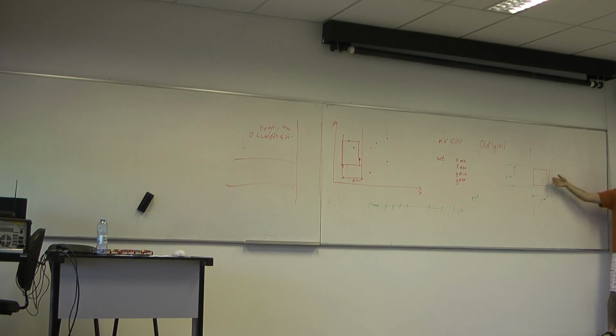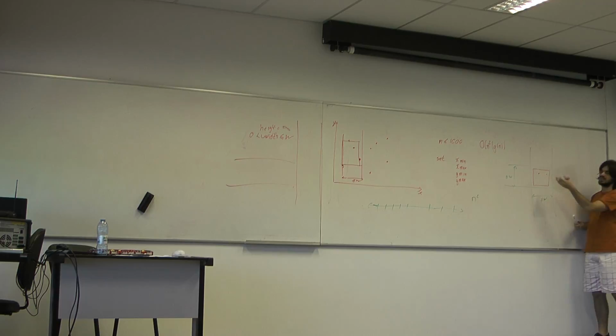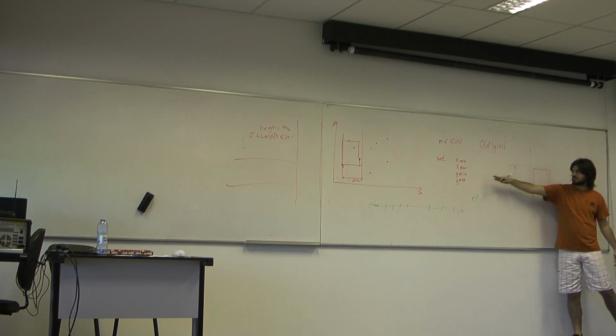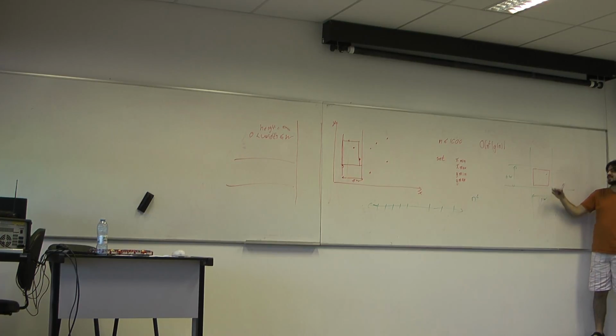We cannot have an extra point here that is not in the set, right? Then x min and x max, y min and y max just identify the subsets by their bounding box. And the good thing about the bounding box is that we can calculate it pretty easily.